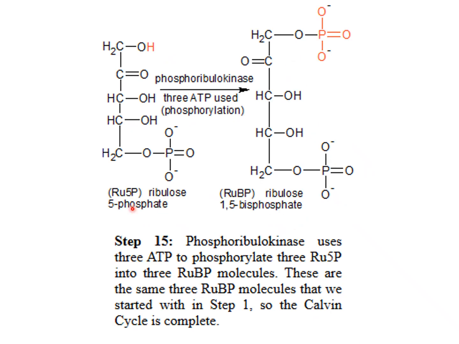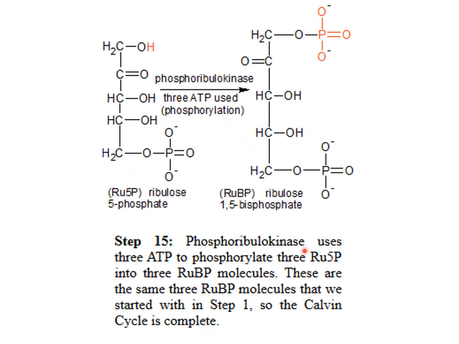Now finally, ribulose 5-phosphate is phosphorylated to form RuBP, ribulose 1,5-bisphosphate. Remember this compound? This is our starting compound which is used for fixing CO2 by the enzyme RuBisCO. So once again, let us understand.